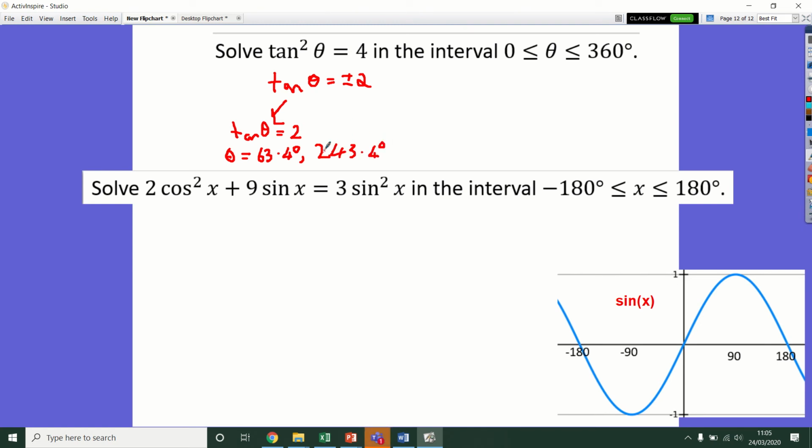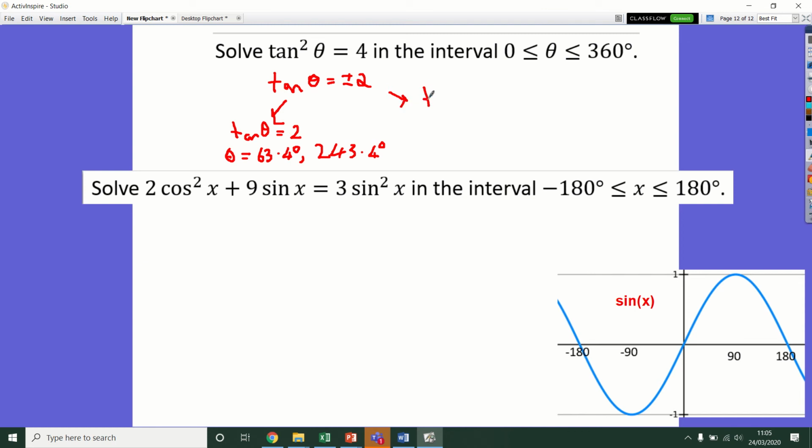If I add 180 to this one, I'm going to go past my value of 360, so I know I've got enough that side. And if I subtract 180, that will make me negative, which I can't have either. So these are my two possibilities for tan theta being equal to 2.